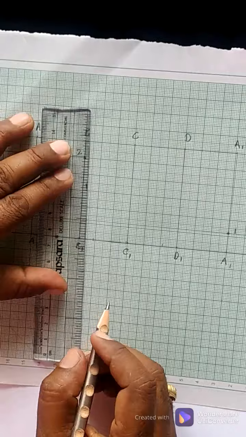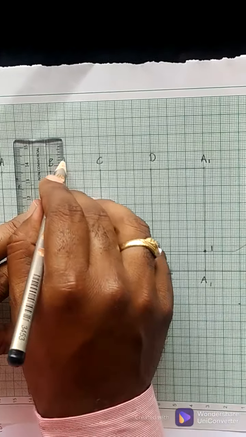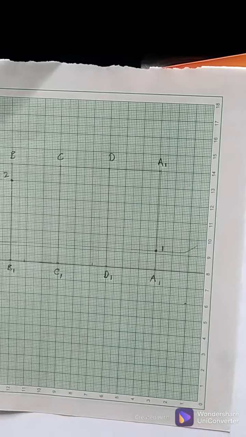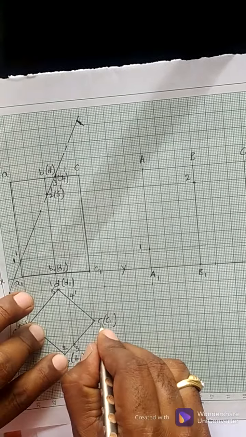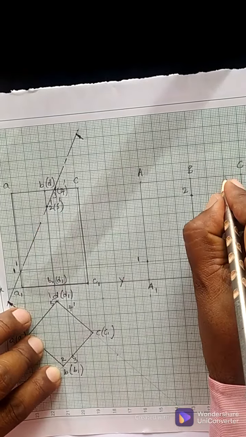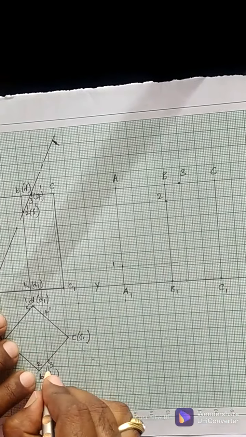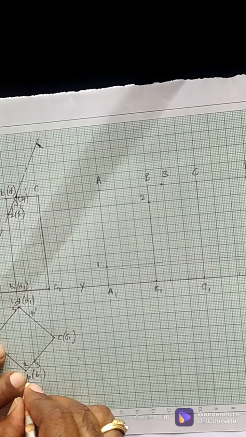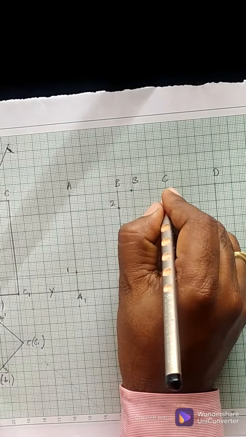So I'll draw the projection line vertically upward with thin line. So now 3 is in between B and C, towards C. So this is the point 3. 3 is cutting here.